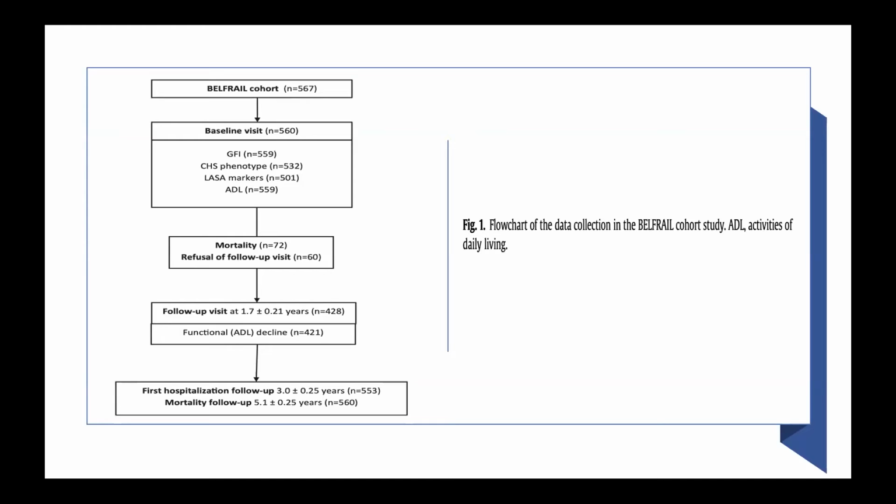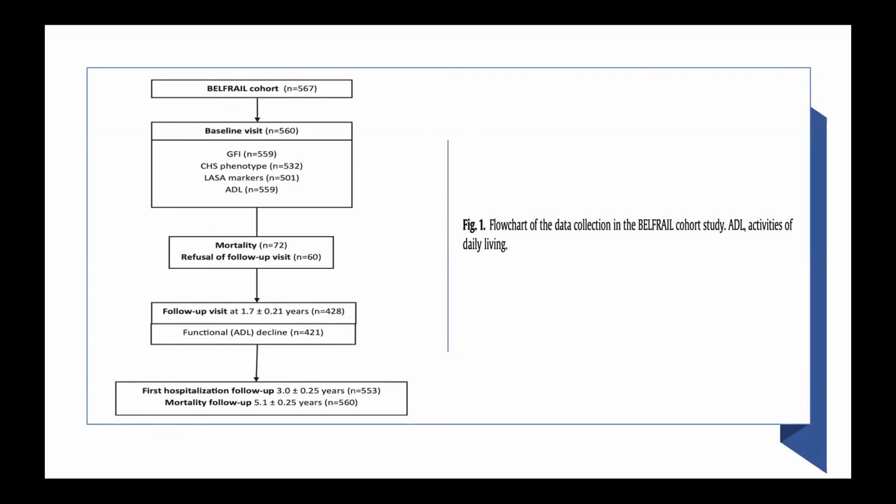So they took three different tools, as well as looking at activities of daily living. The first tool, and I'm probably going to butcher the name, is the Groningen Frailty Indicator. The next one is the Cardiovascular Health Study Phenotype, and the third one is the LASA, the Longitudinal Aging Study Amsterdam. Significant outcomes included time to all-cause death, first unplanned hospitalization, and functional decline.